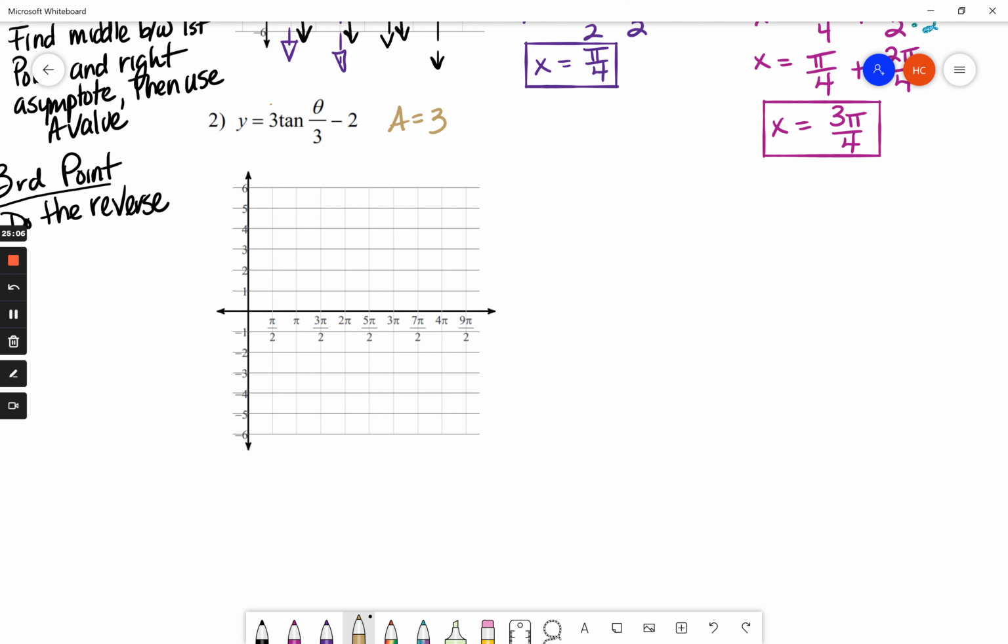We already have a 2 on this one. This other one has an invisible 1 underneath it. So I need to multiply top and bottom by 2 in order to convert it into 6 pi over 2. So x equals 9 pi over 2, and this is my second one. I like when it gives me a 9 pi over 2.